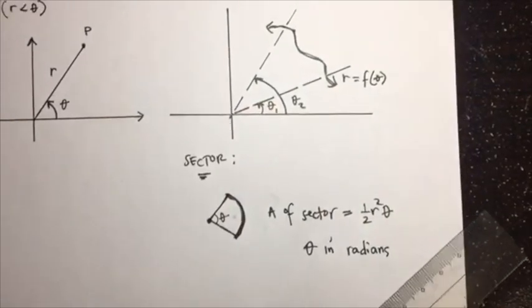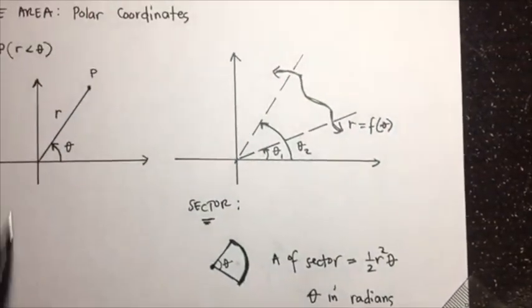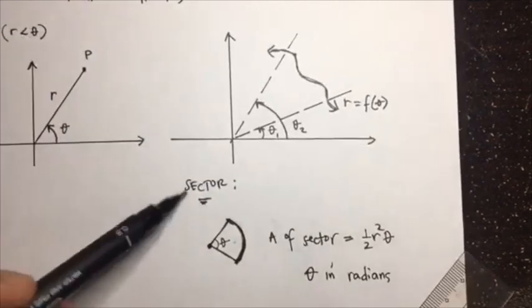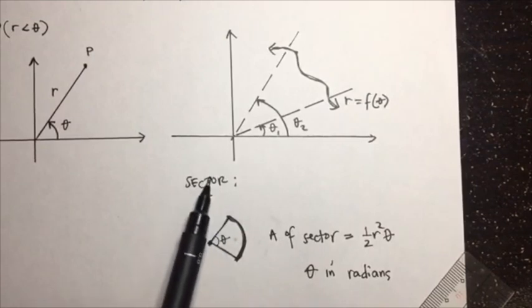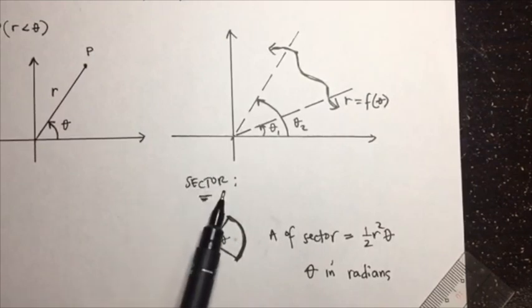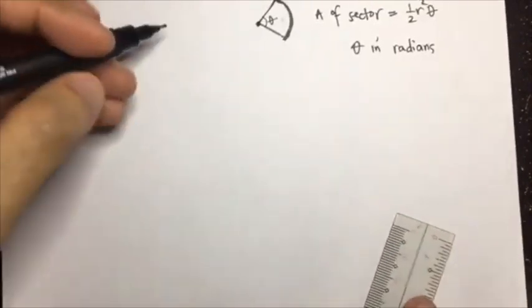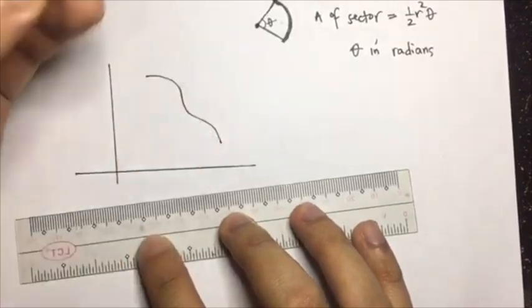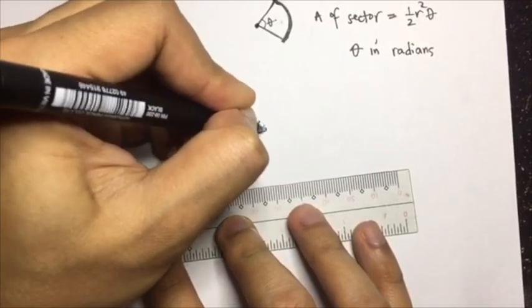So in evaluating the area of curves using polar coordinates, what we will do is draw a strip in the shape of a sector. Let's draw our graph again. Say this is our r as a function of theta.